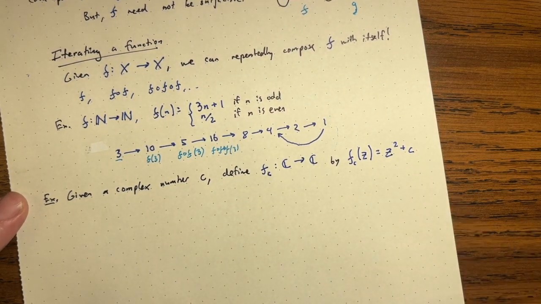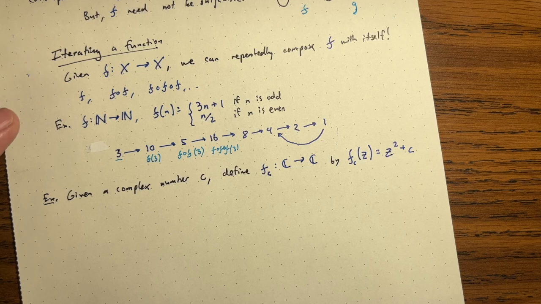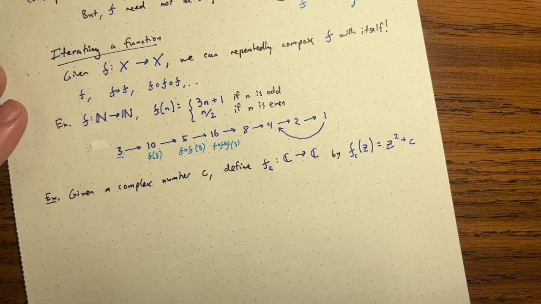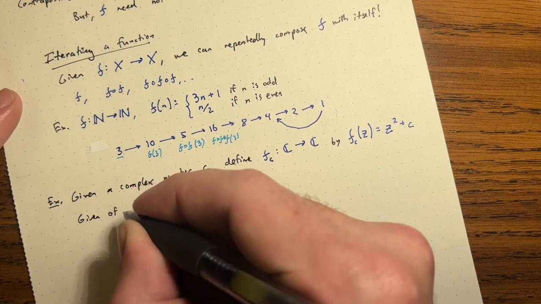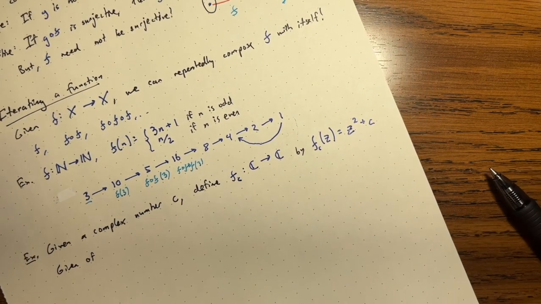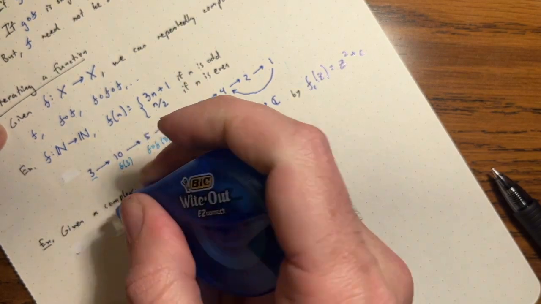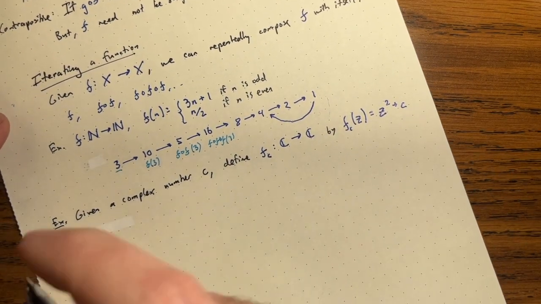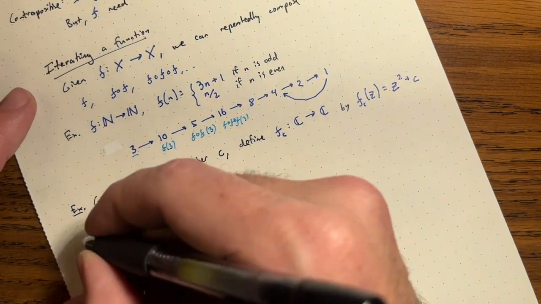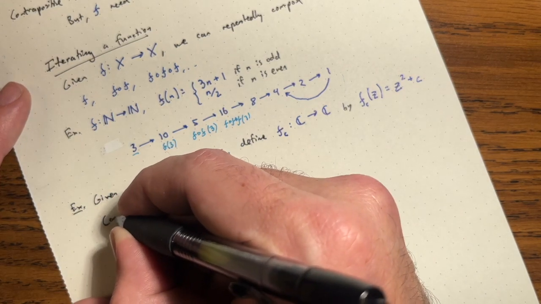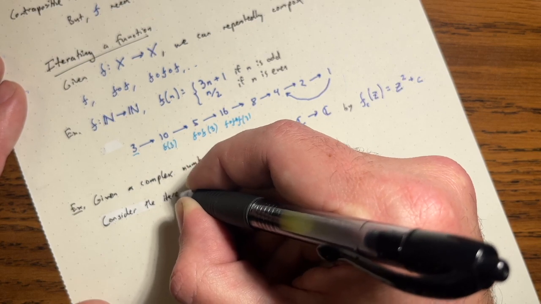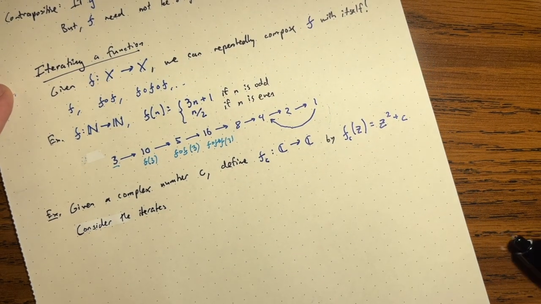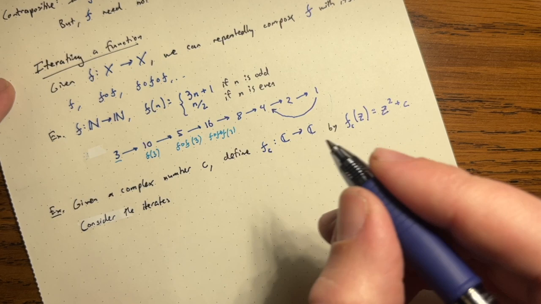And here's what we want to do. We want to consider the iterates of this function. And what we want to do actually in this problem is we want to start with 0.